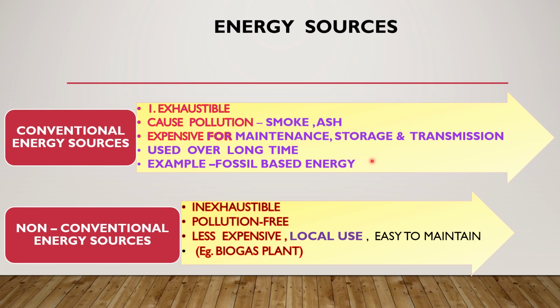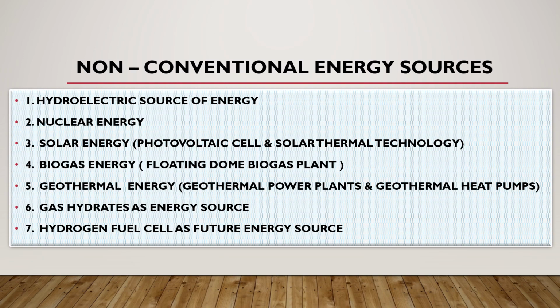For example, the fossil-based energy, coal, oil, petroleum, they are going to be exhausted after some time. So, the recent trend is to switch over to non-conventional energy sources, which are inexhaustible, pollution-free, less expensive, local use, easy to maintain, such as biogas plant. And there are various other methods which we are going to discuss.